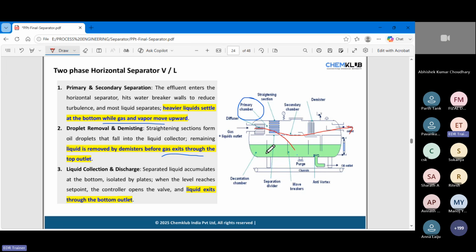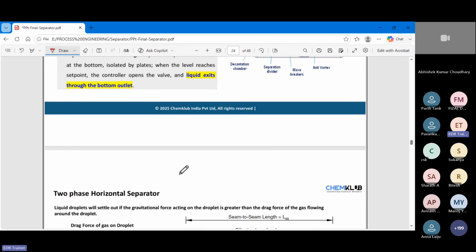The liquid is removed by the demister. Here is the demister, okay? That will also trap the liquid here, and it is collected from here too. The third one is liquid collection and discharge. Liquid exits through the bottom of the vessel. Okay, so this is majorly how a three-phase or two-phase horizontal separator will work.